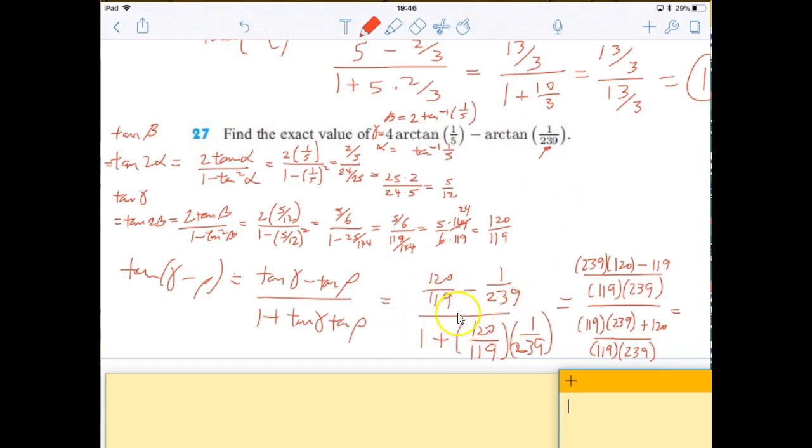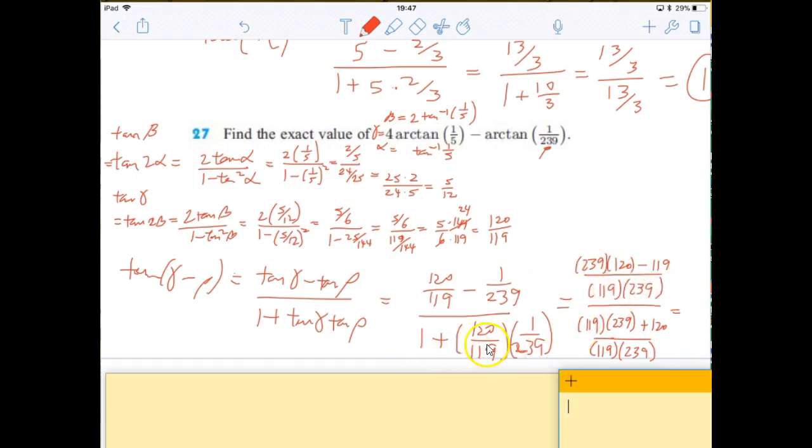So we plug those in here, here, here, and here, and then we do a massive common denominator. The common denominator for the top would be 119 times 239. This one would become 120 times 239. This one would become 1 times 119. So it would be 239 times 120 minus 119 divided by this terrible denominator.